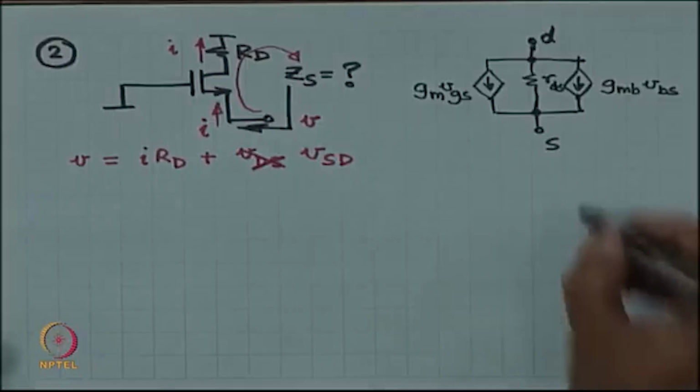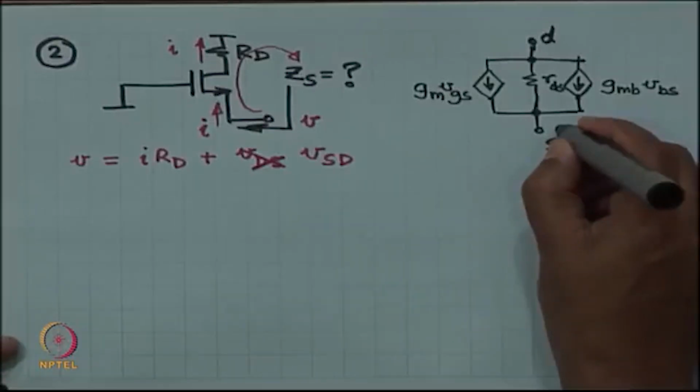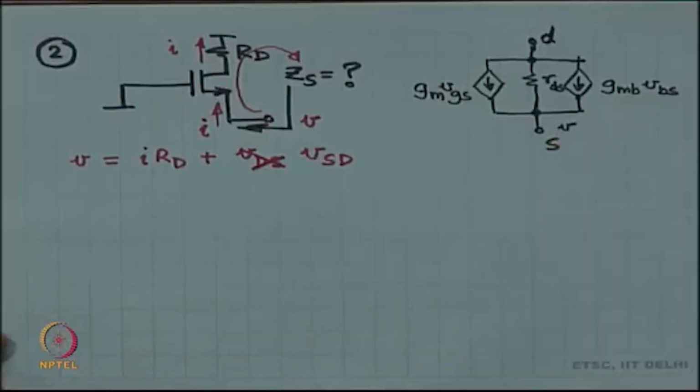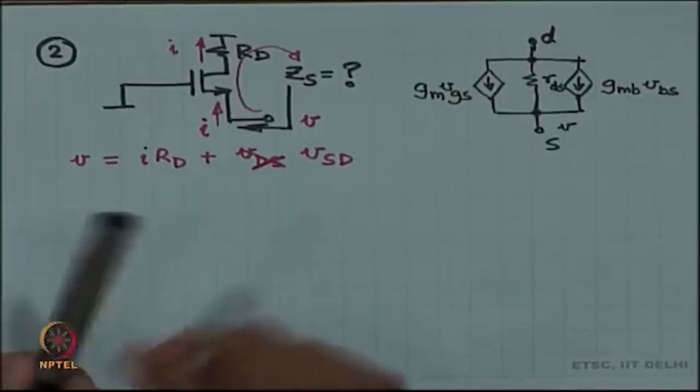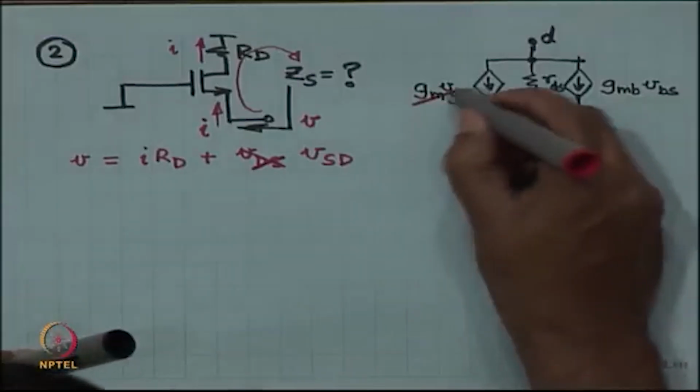Inside this the source is at voltage V, the gate is at ground. So, GM VGS is really minus V. So, let us correct this.